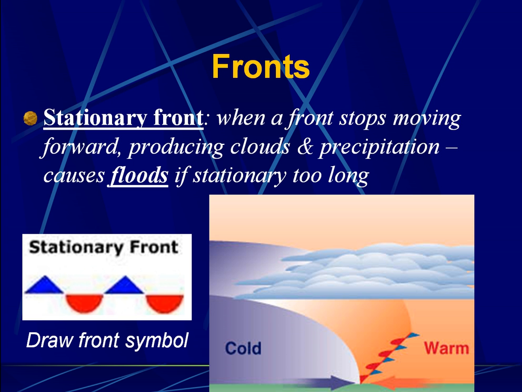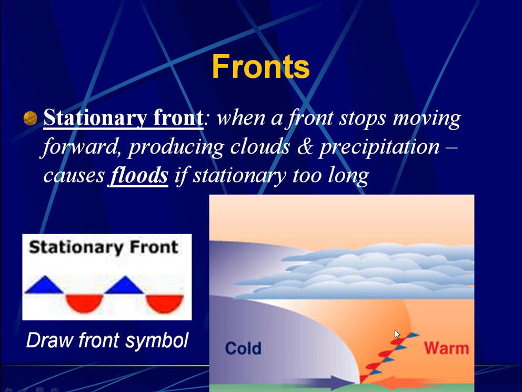Finally, we have a stationary front. Notice there is no arrow showing direction because the cold front, in this case, is pointing north, but the warm front is pointing south. It can't go north and south. It's stuck. The two are battling it out, but neither one is winning yet. The warm front is moving to the left, and the cold front is moving to the right, and neither one is winning.